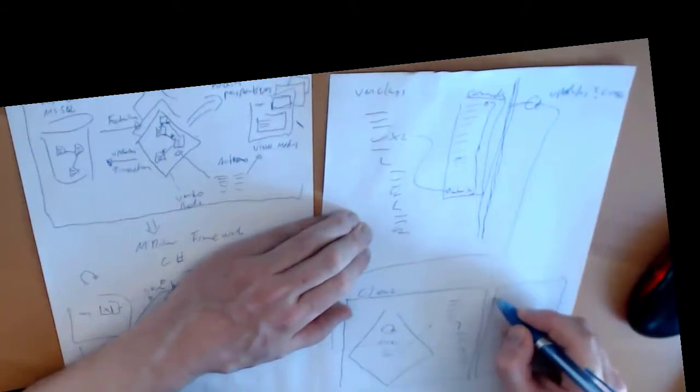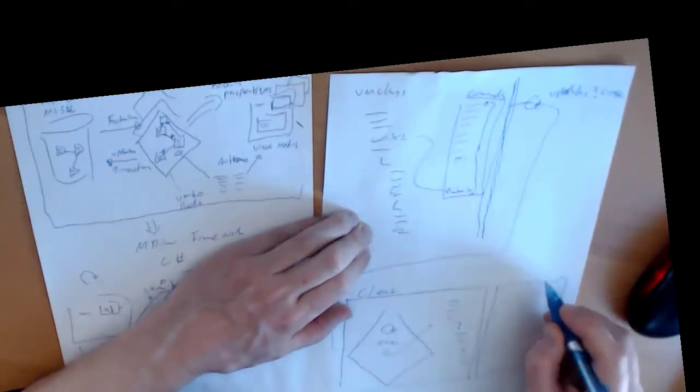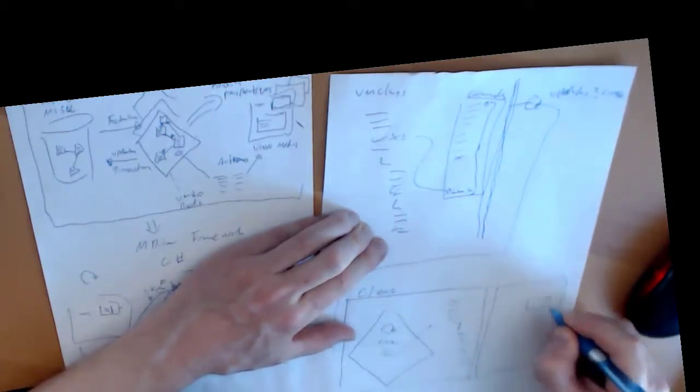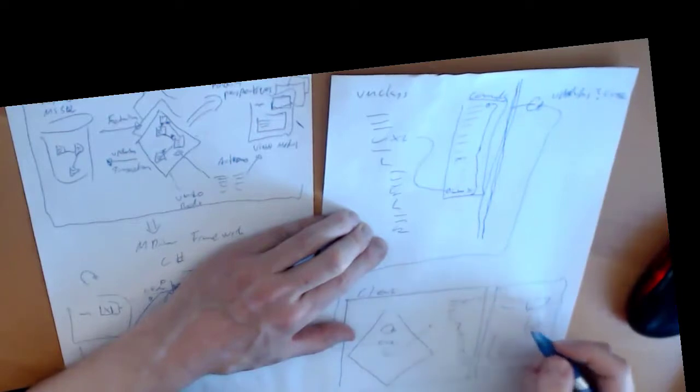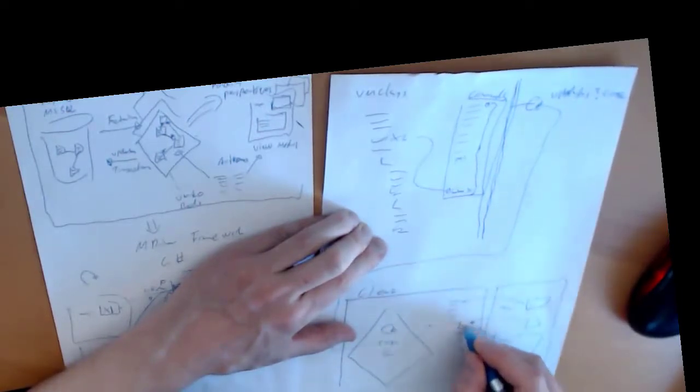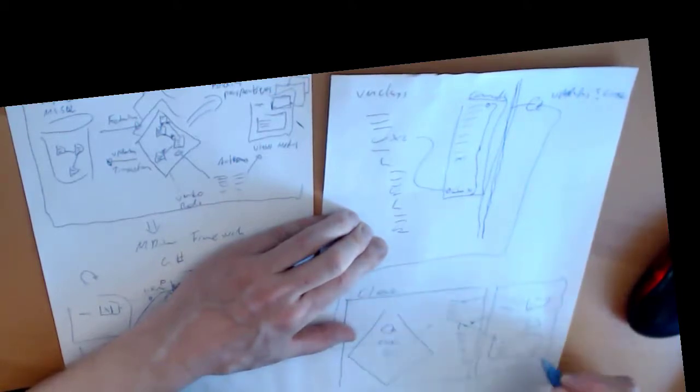And on the client we can of course build a UI that binds to the local information hierarchy like this. And as this is updated, the UI will update as well.